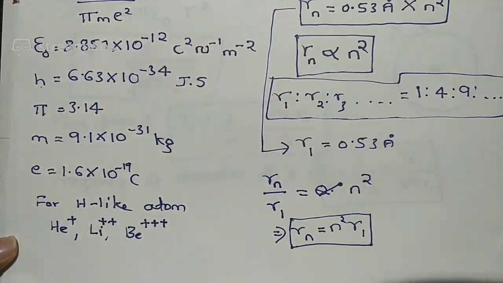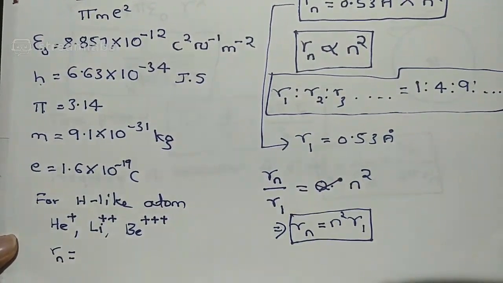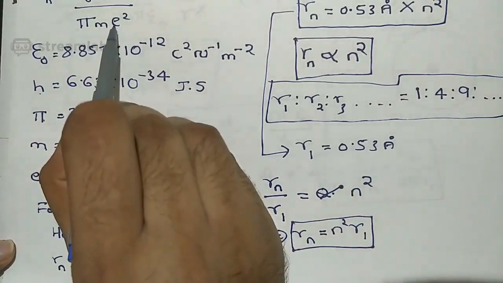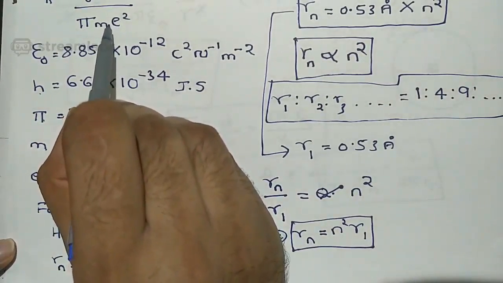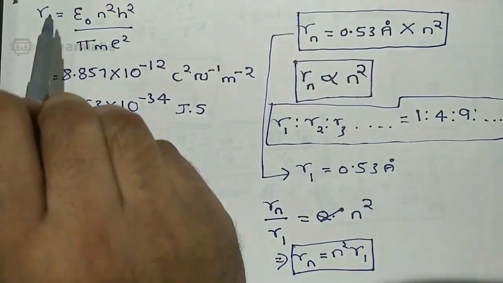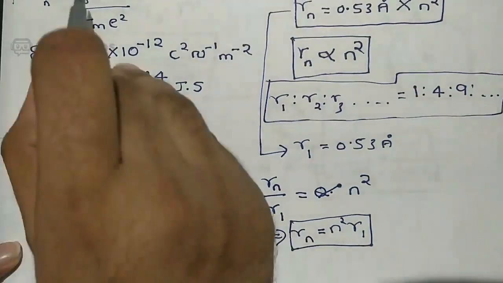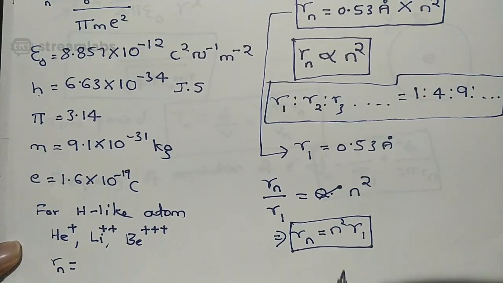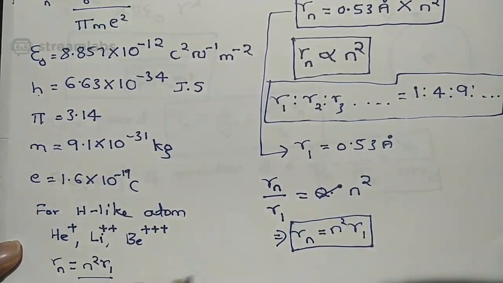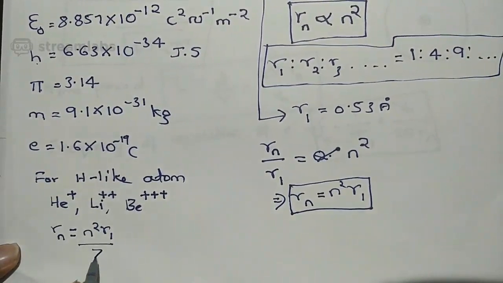For this, if you want to find out the radius of the electron in the nth orbit, what change do you have to bring here? You have to just introduce Z here. Remaining all the terms are the same. In this expression, you have to just introduce Z. So this value we have known already here. What is that? n square into R1 divided by Z.